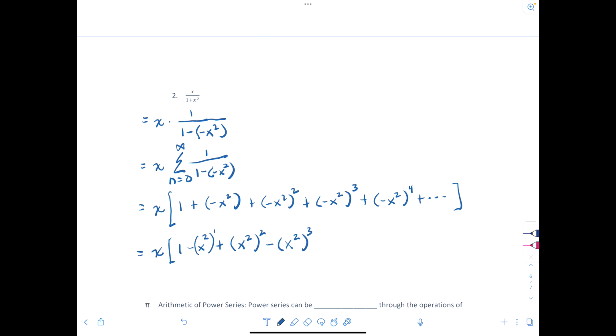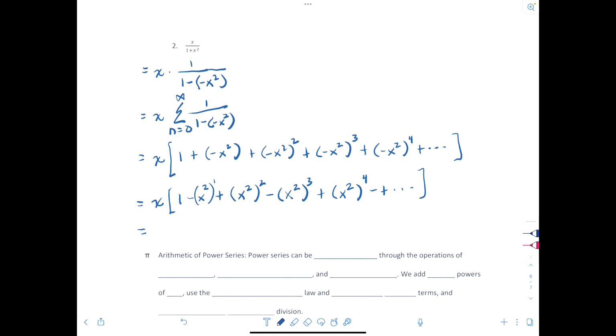And then we'll have a plus x squared to the 4th, and then minus plus dot dot dot. All right, so now we'll have x times 1 minus x squared plus x to the 4th minus x to the 6th plus x to the 8th, and then minus plus dot dot dot.